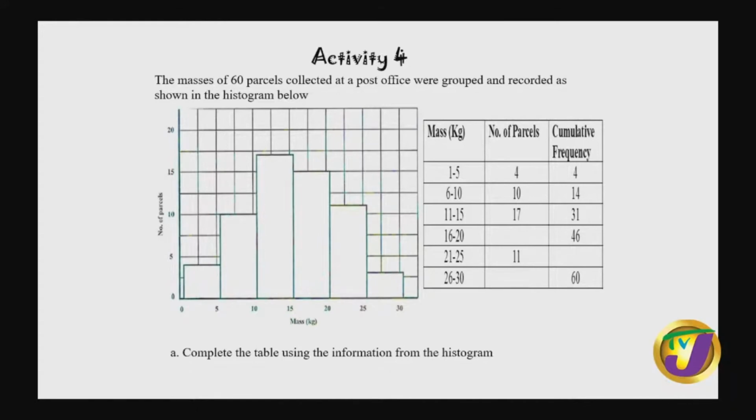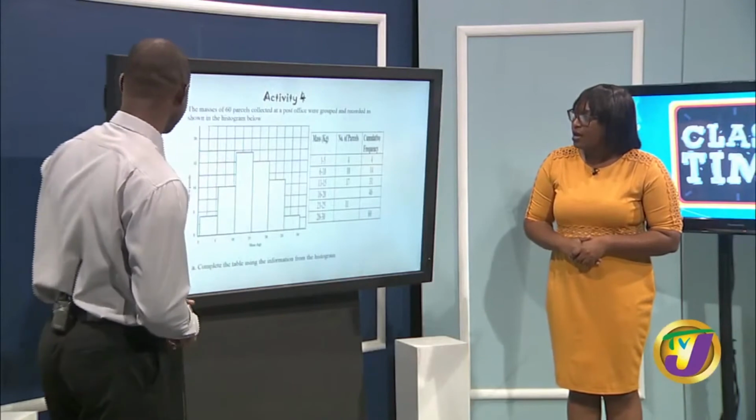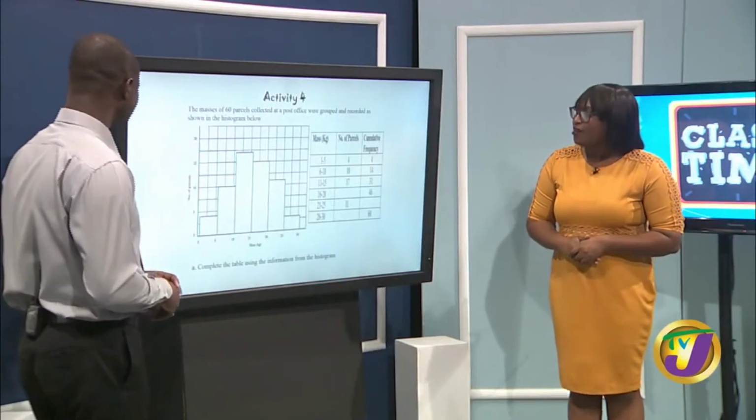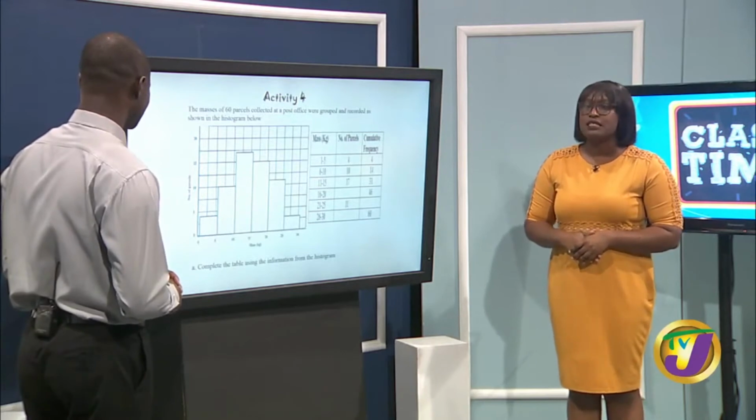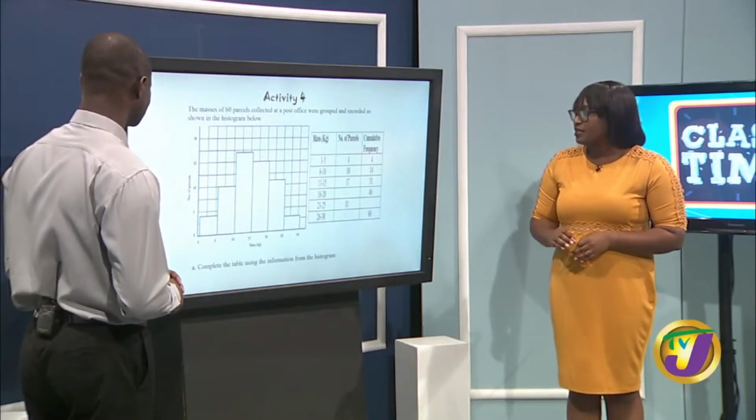So we go to our histogram and locate 16 to find out which bar represents 16 to 20. This would be this one right here. From just looking at it, that would be 15 parcels.